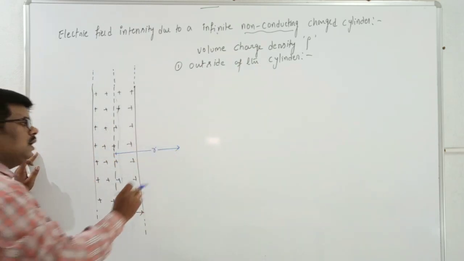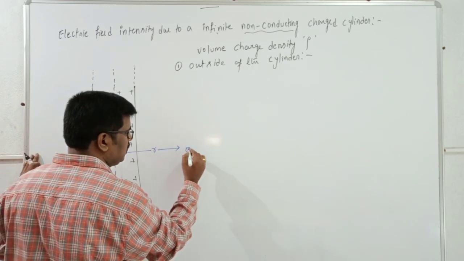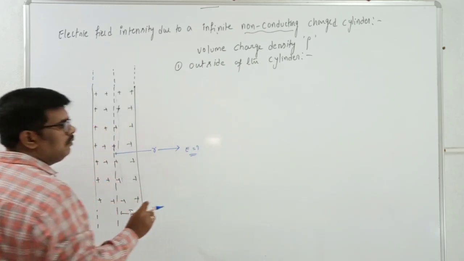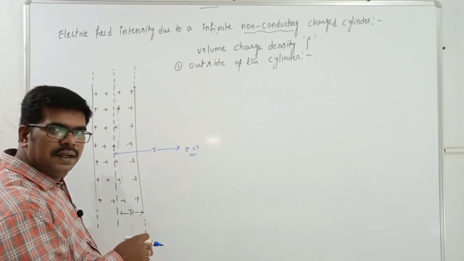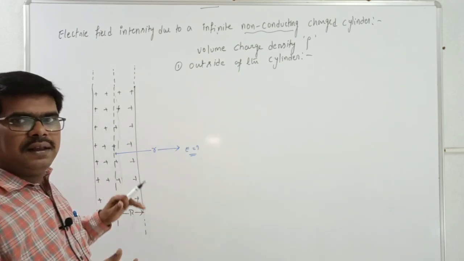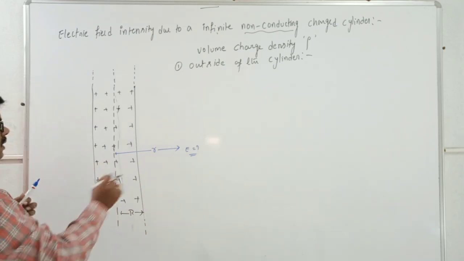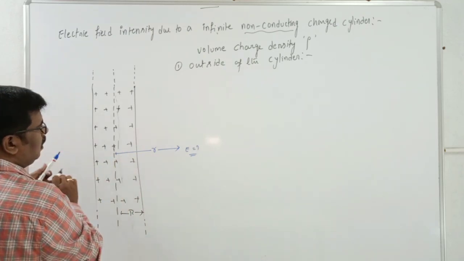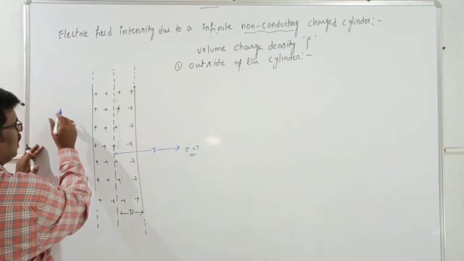Here, if you want to find the electric field intensity, what is the procedure we are following? We need to construct one imaginary surface whose radius is r, and we can choose a length as our wish, so the length is L. Now I am constructing that Gaussian surface.